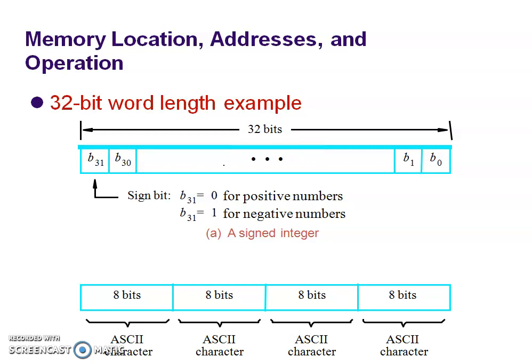Here the example is taken as a 32-bit word. In such case, from B0 to B31, the numbering will be done like that, where B0 is considered the least significant bit, LSB, and B31 is considered the most significant bit, MSB.